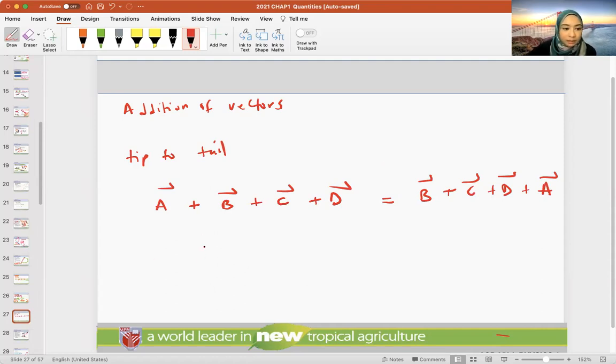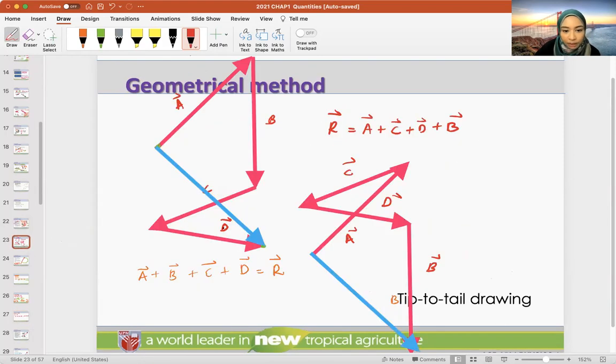And then we did this example yesterday. Let me just go back to it. We found out that when we did the tip to tail, even though the order is not the same, the final resultant vector is the same. So you really need to know how to do this tip to tail.